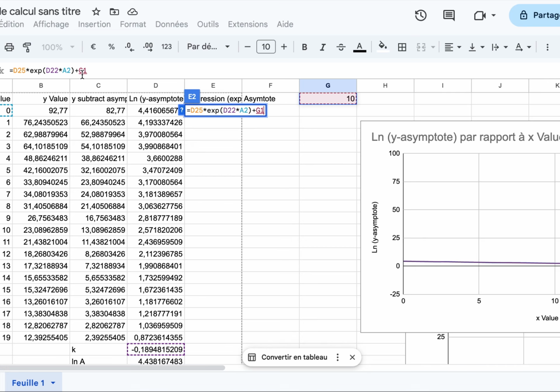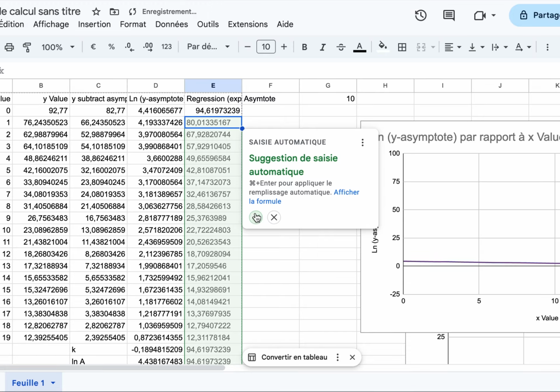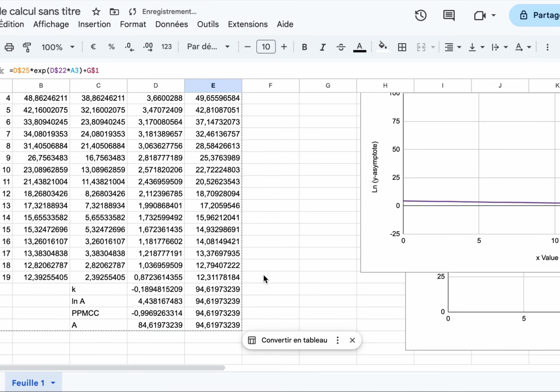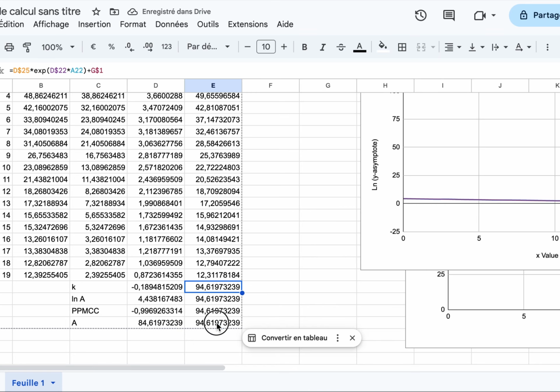I need to lock some of these in place. The letters aren't locked, but I need the numbers to be locked. A2 needs to move with the values. This one has to stay in place, and this one too. It's filled all those down for me, but it's putting too many. I don't want these ones because they don't mean anything.